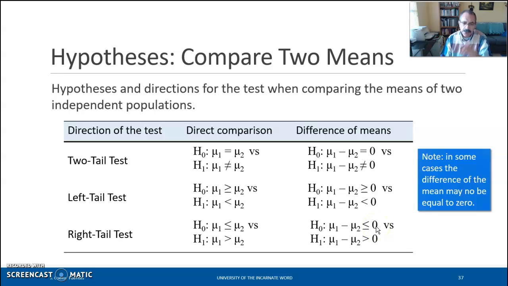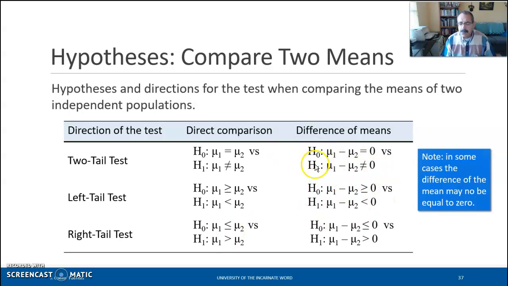So that will be 0 or negative, meaning that mu2 is bigger than mu1. Under the alternative hypothesis, now you have that mu1 minus mu2 will be bigger than 0, meaning that it's positive, implying that mu1 is bigger than mu2, and that's what you have on the alternative hypothesis for a right-tailed test.